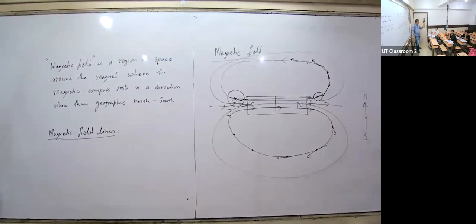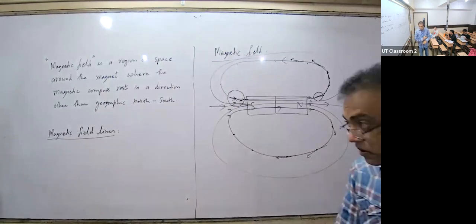Earth's magnetic south is in the geographic north direction. That is why the magnetic compass always points towards north. Because what we see as north of Earth is actually magnetic south of Earth. It is the opposite. I'll explain that in a little while, or maybe in the next class.